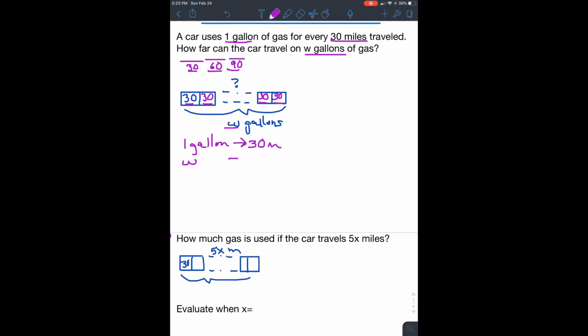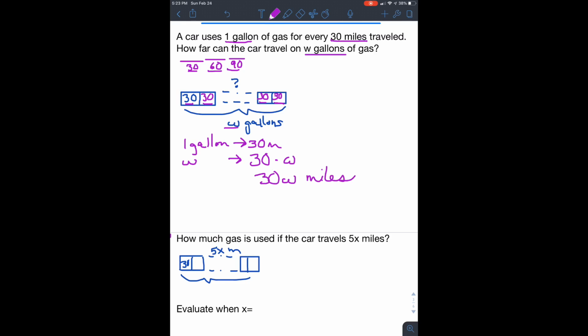W gallons of gas is going to be 30 times W. Or we can just write that as 30W miles.